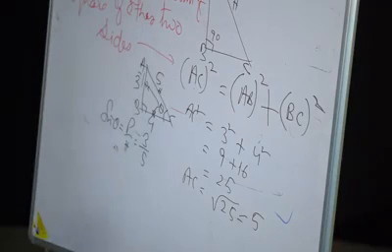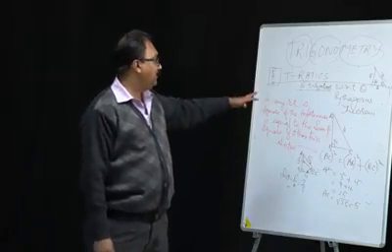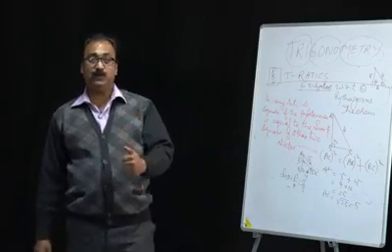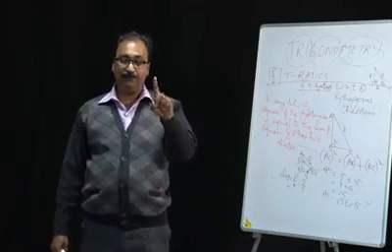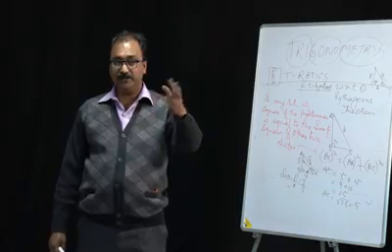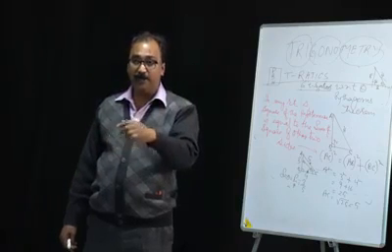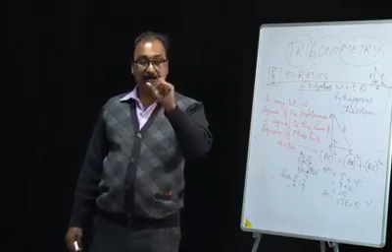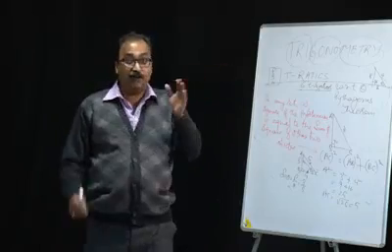Understood how to find the unknown side? So what did we do here today? Today we learned the trigonometric 6 ratios. Trigonometry is the measurement of angles or sides of a right triangle with respect to an acute angle. Clear? And we learned all the 6 ratios with the help of one small poem.